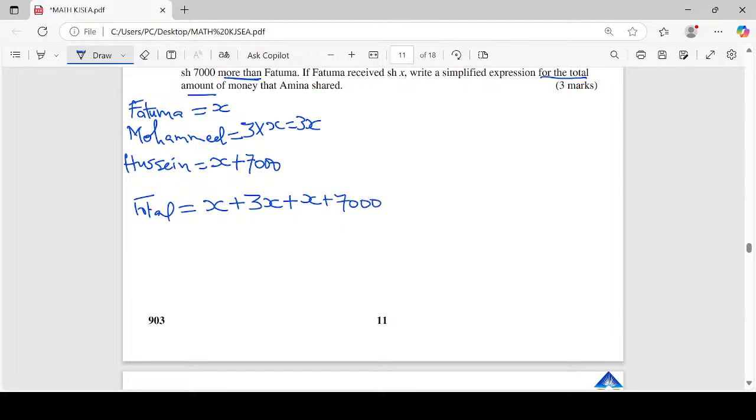Learners, in algebra, like terms are combined into a single term. Those with X are like terms. We can combine them into a single term because X plus 3X is 4X plus this X will make it 5X now plus 7,000.